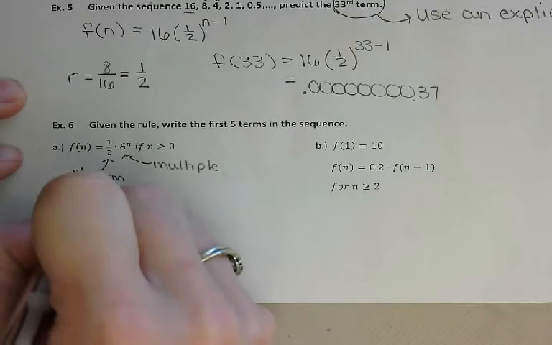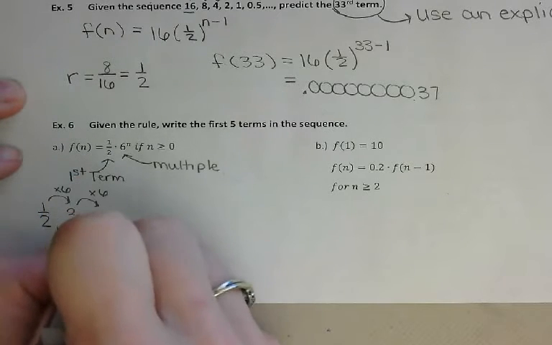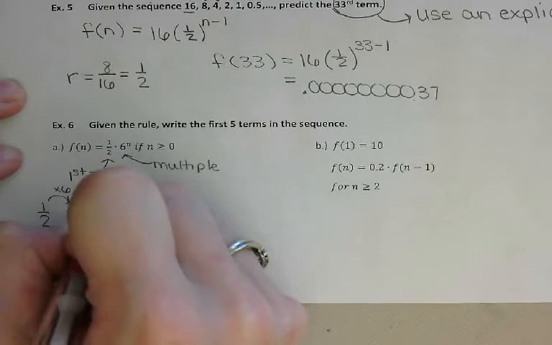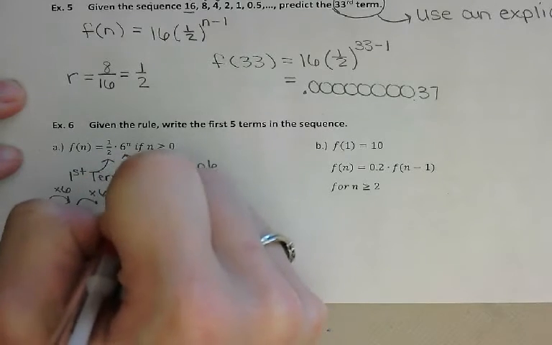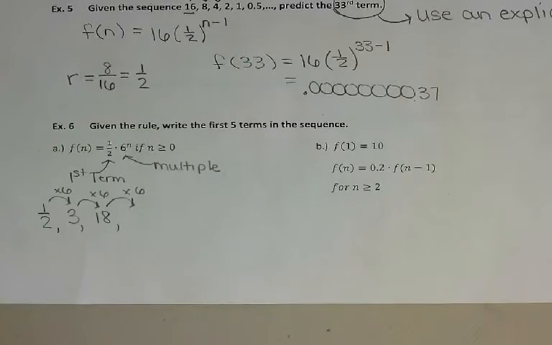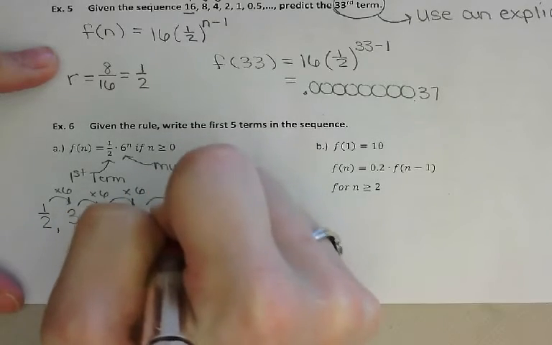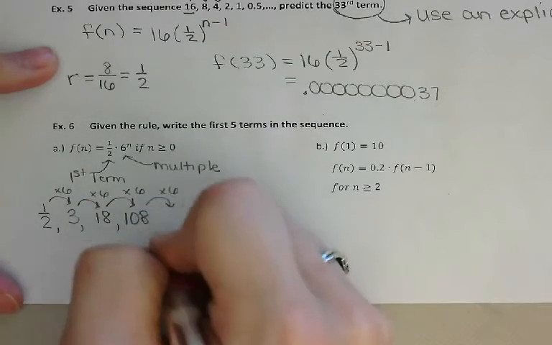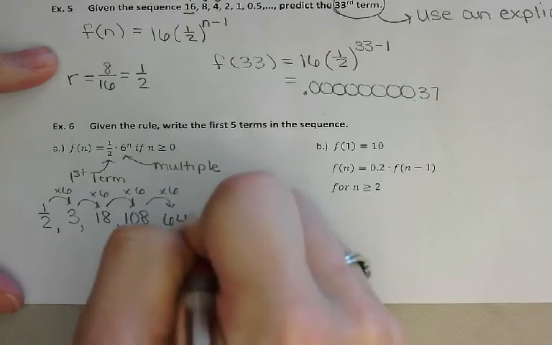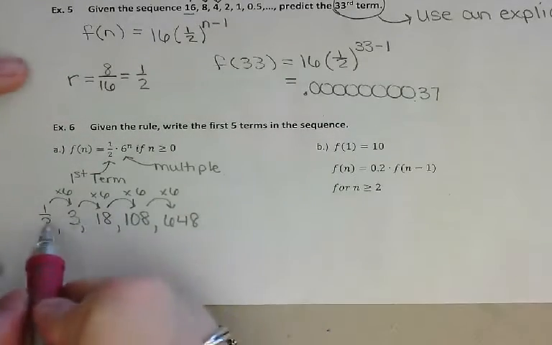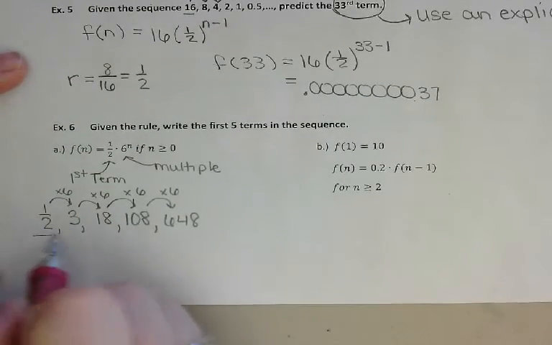We're going to take that times 6, and we're going to get 18. We're going to take that times 6. So what is that? 108. We're going to take that times 6. So that's, what, 648. And there's my 1, 2, 3, 4, 5 terms.